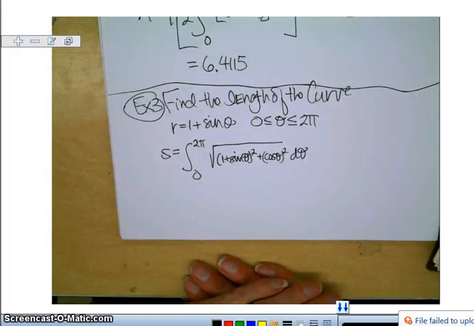So we could work this out by hand if we wanted to, or what could we do? Calculator.